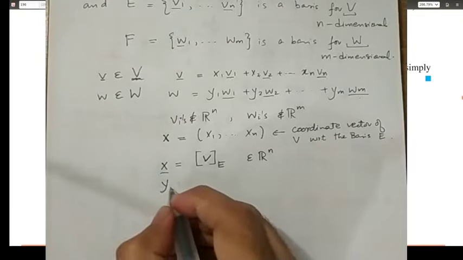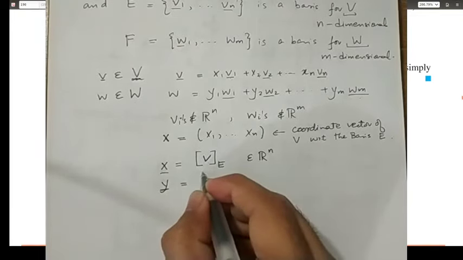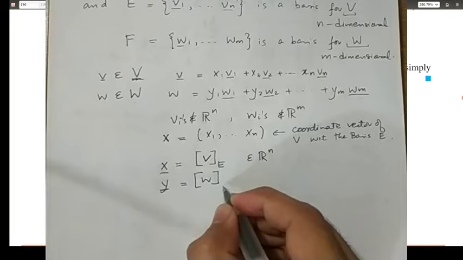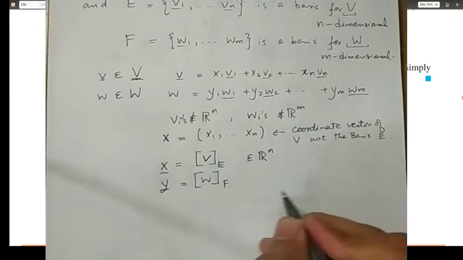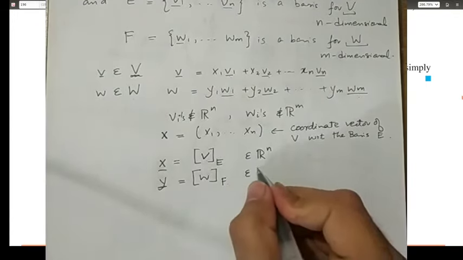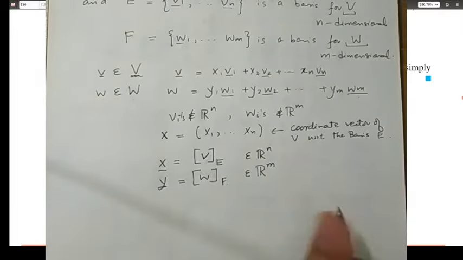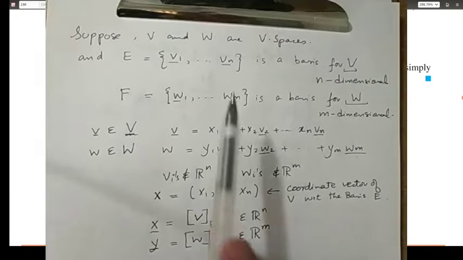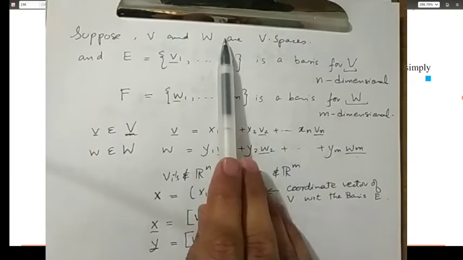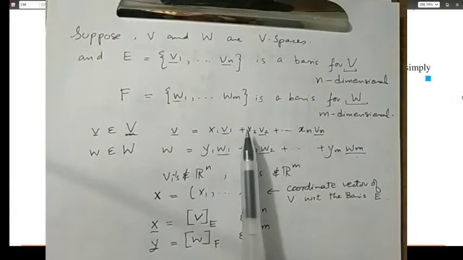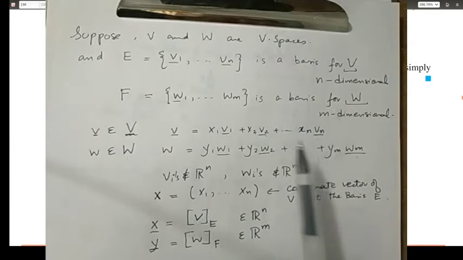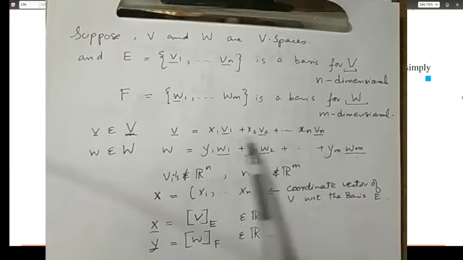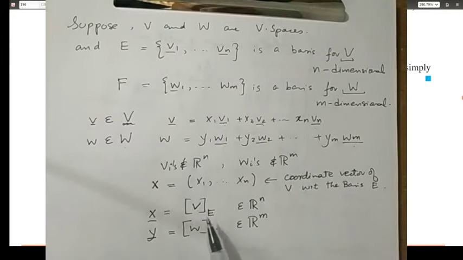And the vector y, which is an expression of w in the basis F, is also a vector in Rm. So even though we were talking about general vector spaces V and W, these scalars that are given by their representation in some basis are indeed vectors in Rn and vectors in Rm.